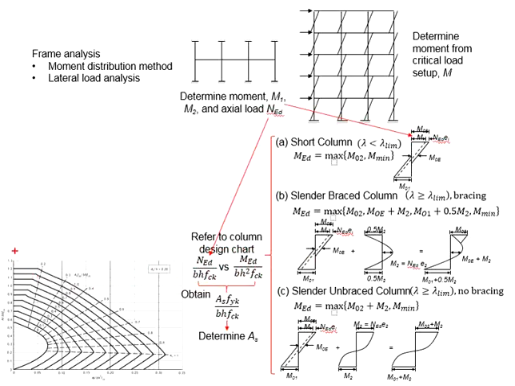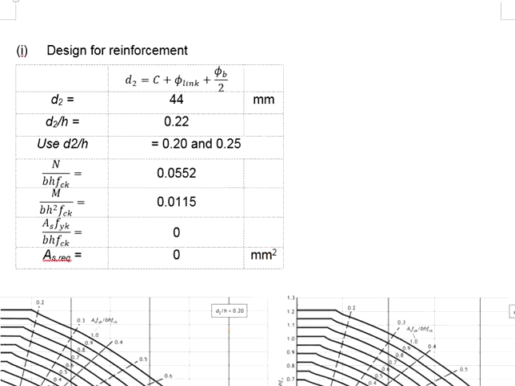You will need to find the AS FYK per BH FCK from the column design chart. And this whole thing here is known except AS. Once you get this value here, you are able to determine the AS, representing the area of reinforcement in the column. So we are going to do the calculations and apply the column design chart.